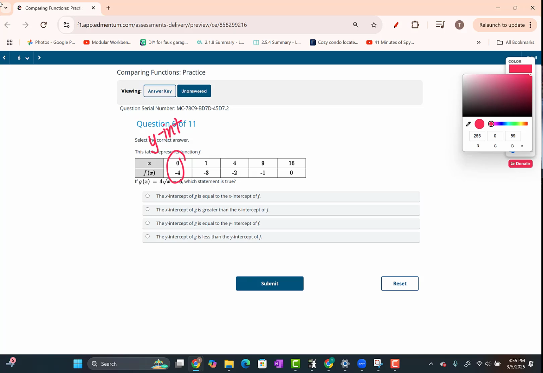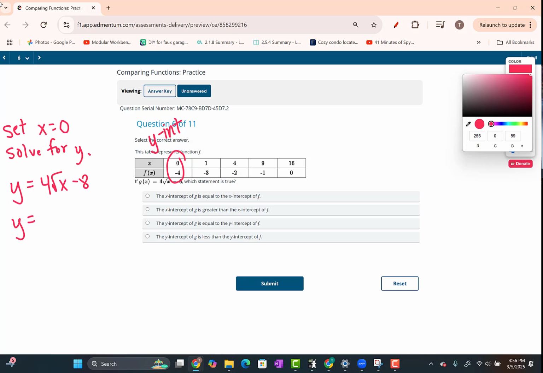So here's our y-intercept for f. I'm going to relabel that. To find the y-intercept, we're going to set x equal to 0 and solve for y. So we're going to rewrite the equation as y equals 4 times the square root of x minus 8.